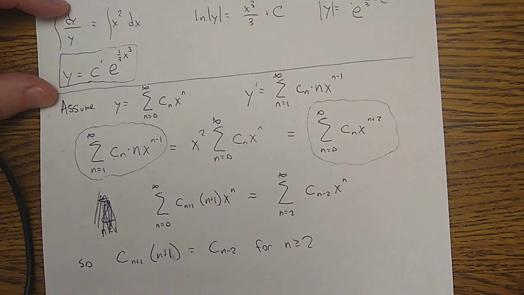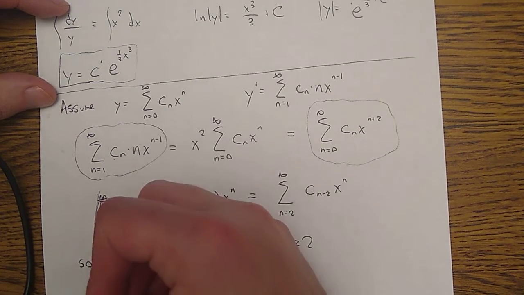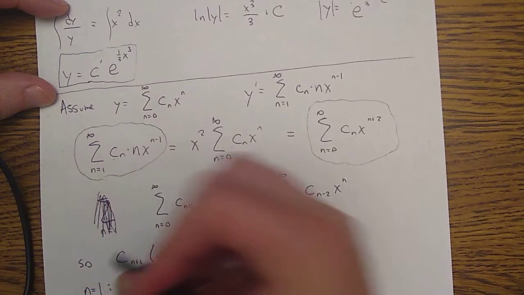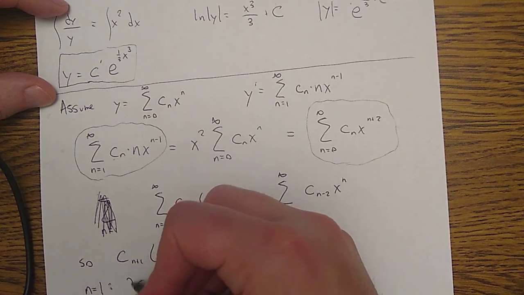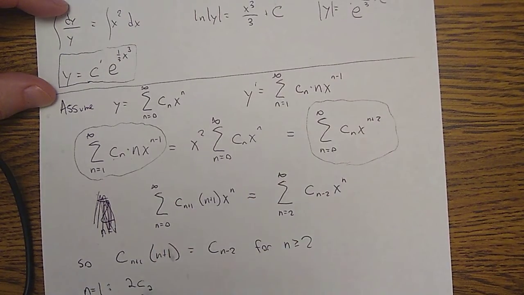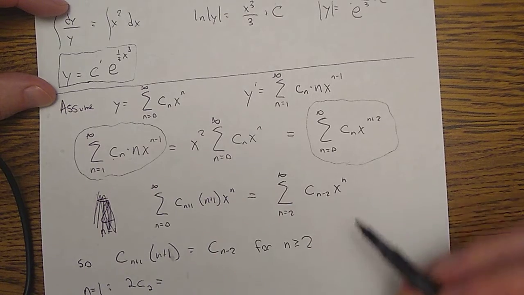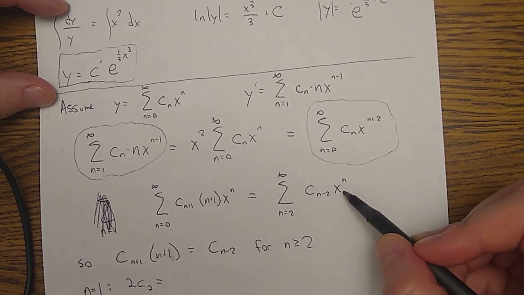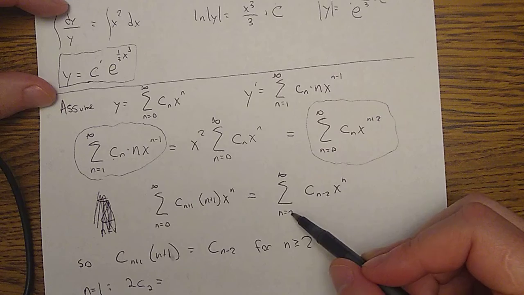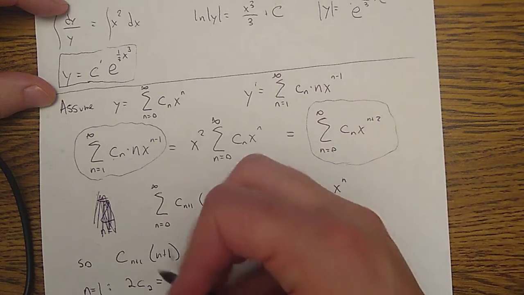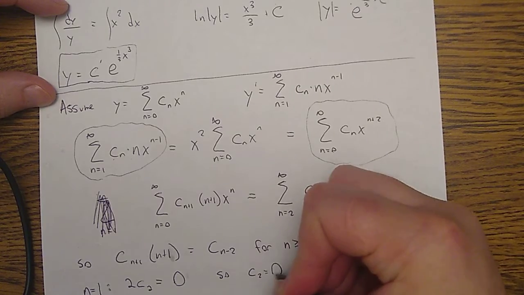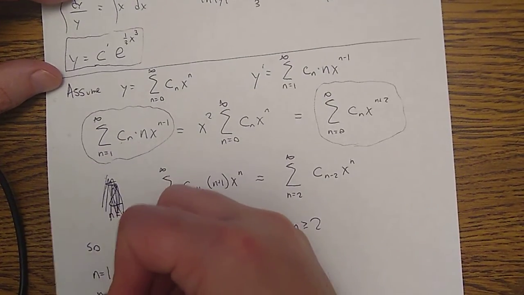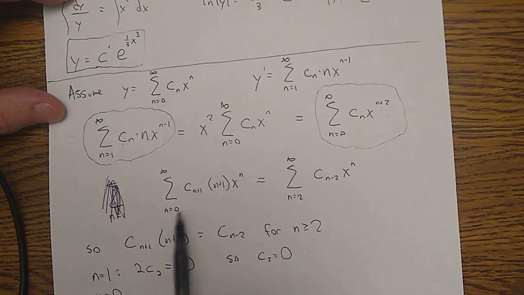But what about when n equals 1? When n equals 1, the x coefficient here would be 2c sub 2. The x coefficient here would be 0, because we just don't have an n equals 1 term. So c2 is 0. There's also the n equals 0 term.